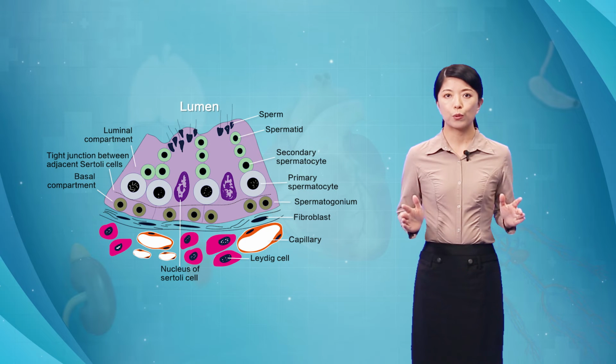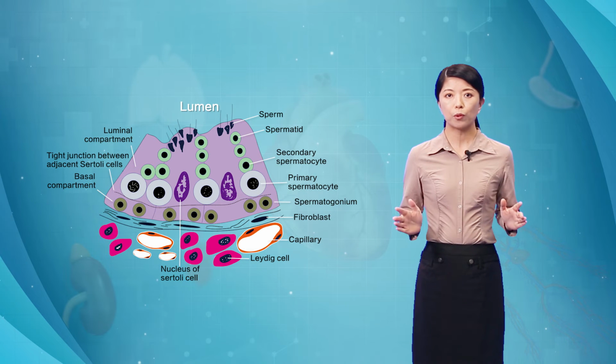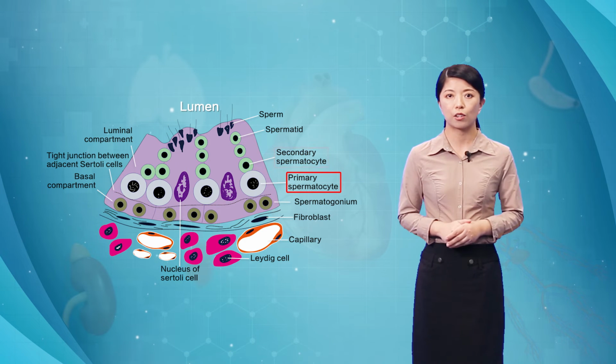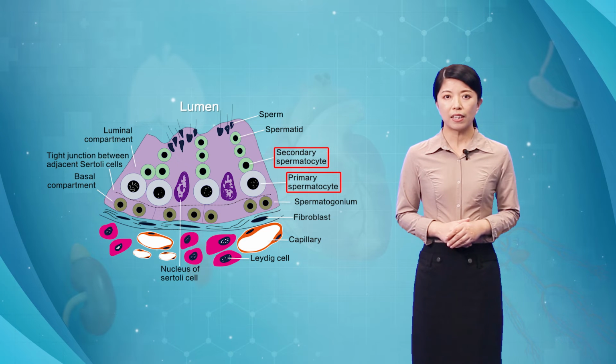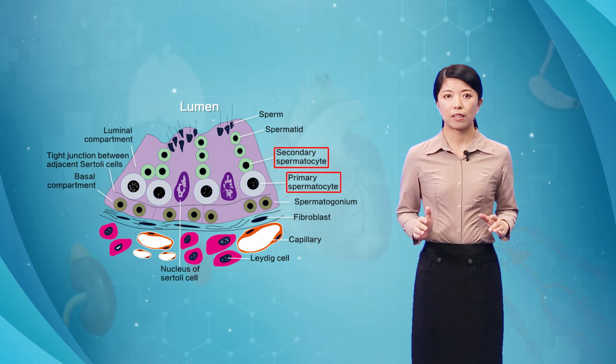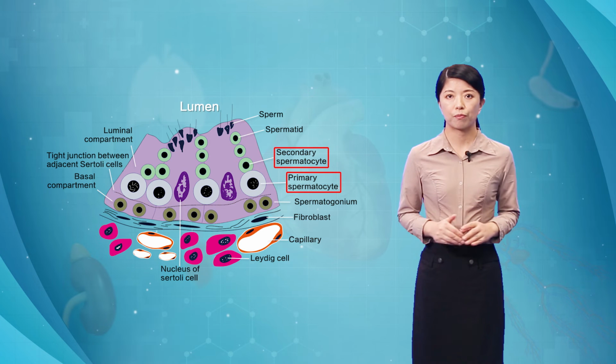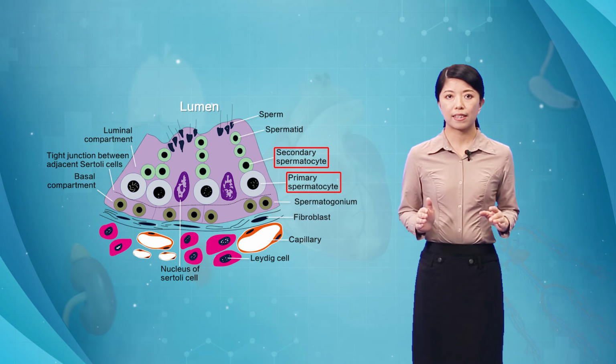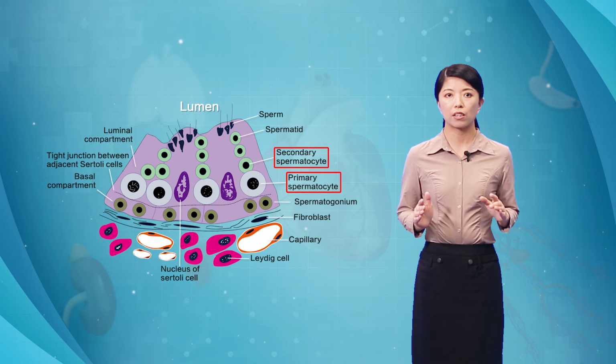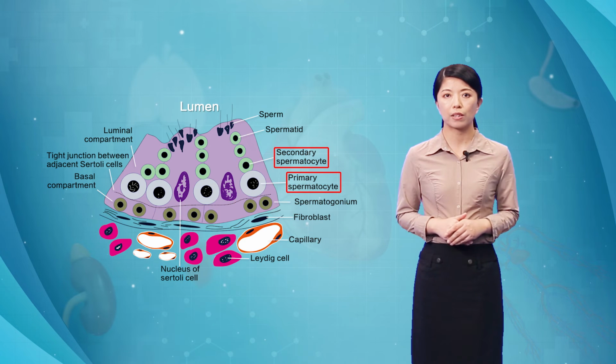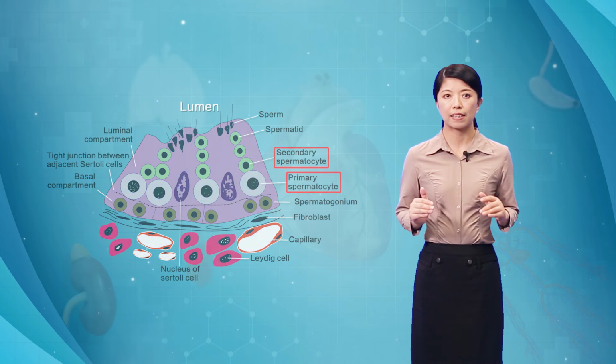When a boy reaches puberty, the diploid spermatogonium differentiates into haploid primary spermatocyte, secondary spermatocyte, and so on. The differentiated haploid cells express novel proteins on their surfaces. There is a risk that the immune system might recognize them as non-self and produce antibodies against them.